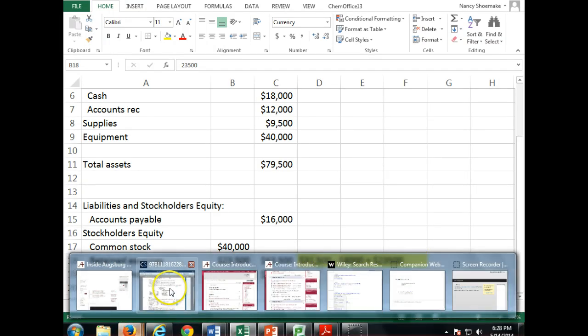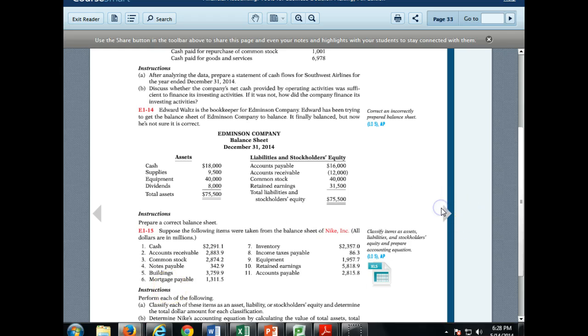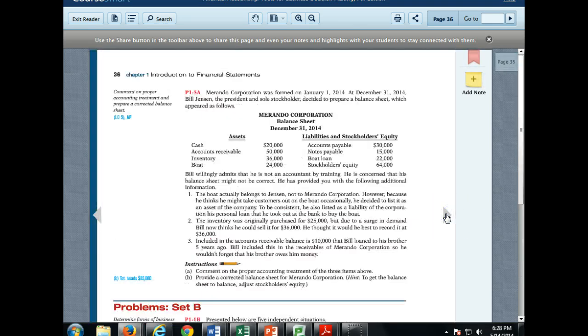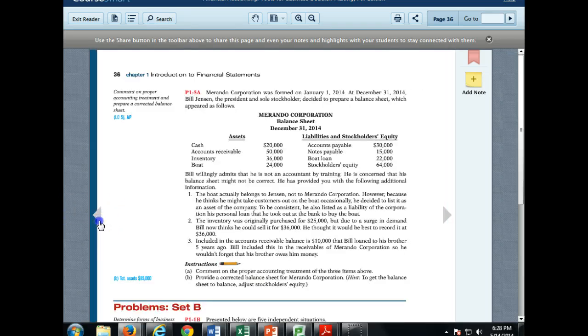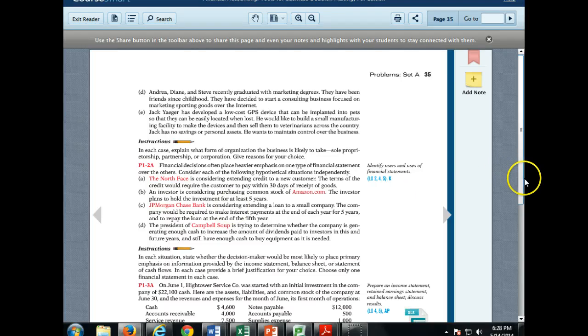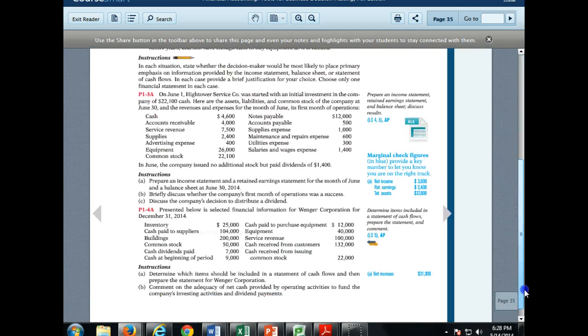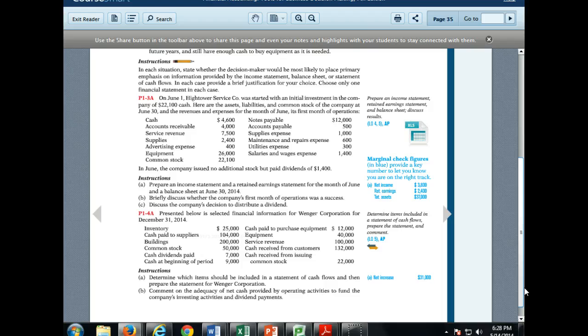Okay, and that is 3A. Problem 3A. If I'm going too fast, it's your job to tell me to slow down. Okay, so here, Hightower started with an initial investment in the company of $22,100 in cash.